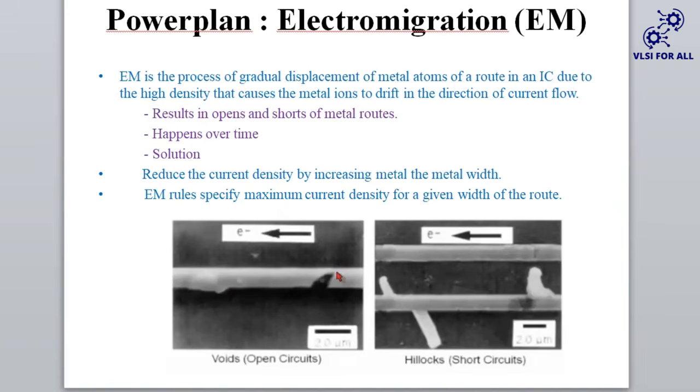Electromigration is nothing but how long your power mesh is durable. That is the EM check, which is nothing but reliability. This is what we have to take care of in power planning, EM as well as IR drop. That's all about power planning. Thank you so much.